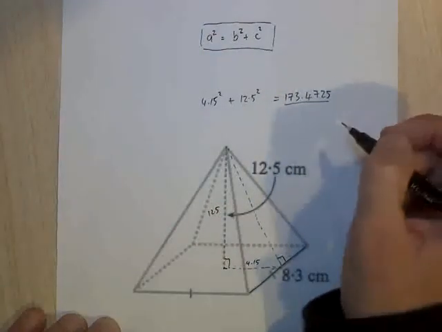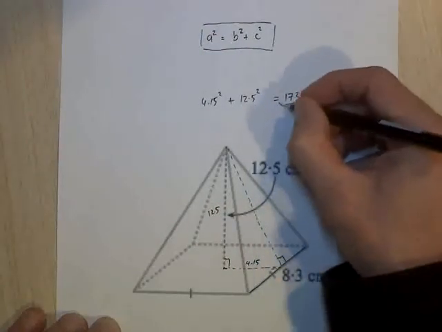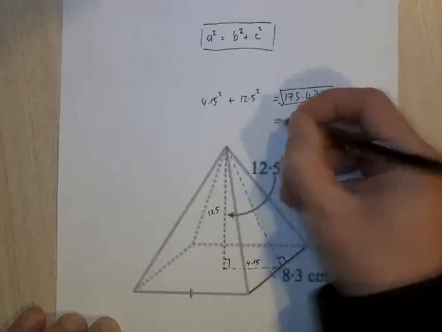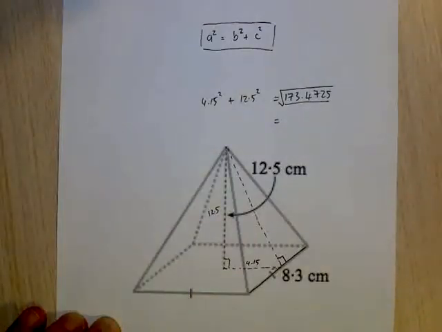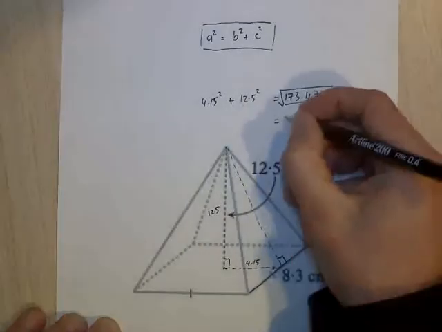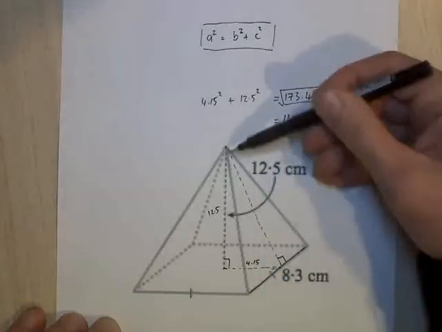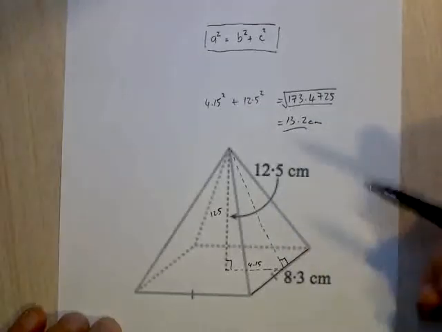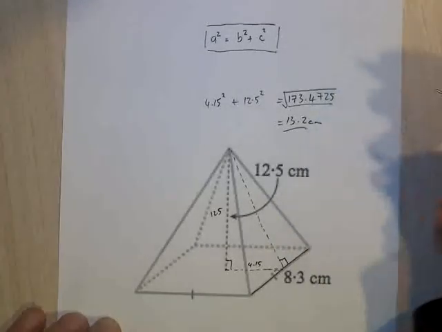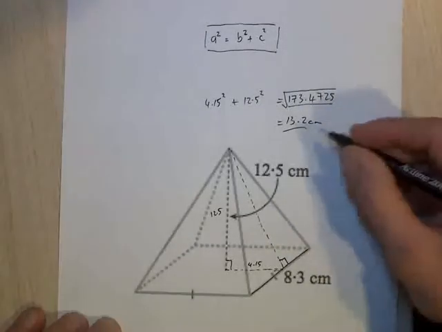Once we have that, we need to square root that answer to determine the length of our perpendicular height here, which becomes 13.2 centimetres. That's rounded to 1 decimal place.